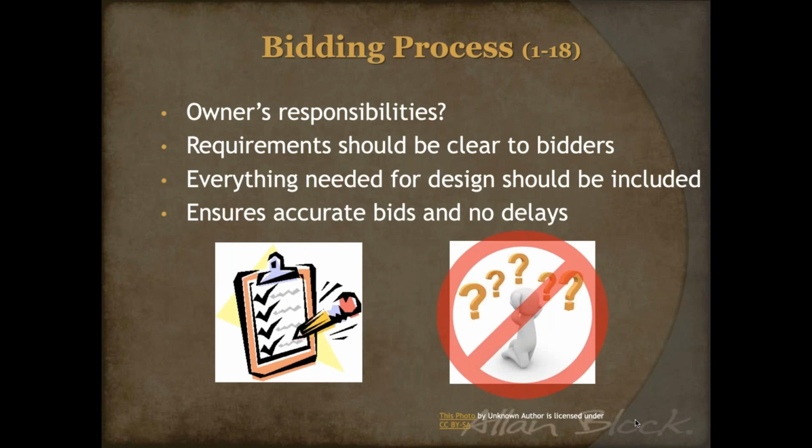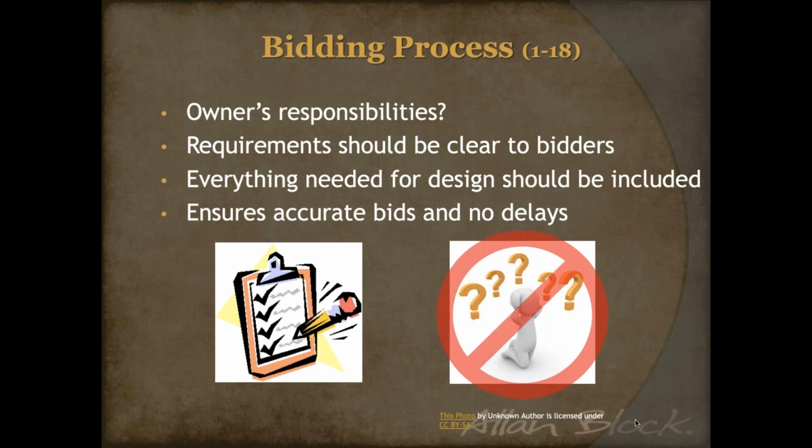Now, moving on to the bidding process. You guys all know, this is a very important part of any wall design. What we want to stress here is that we really want the design to be part of the bidding process.